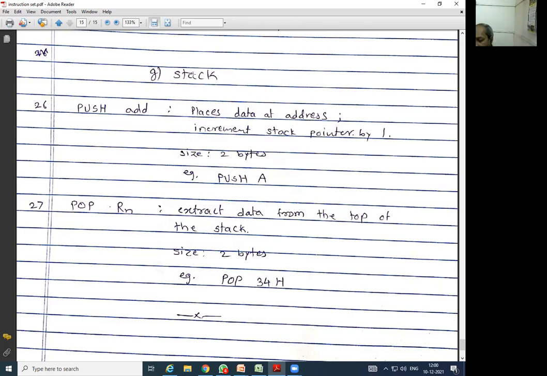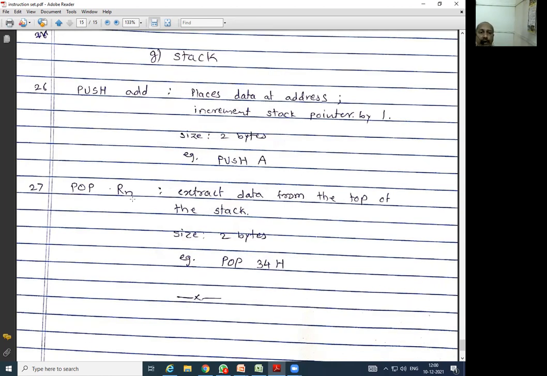परंतु one thing here we have to just remember for push and pop, places the data at address, okay, but increment the stack pointer by 1. Got it? Increment the stack pointer by 1 for push command. And opposite to that, POP RN, that is extract the data from top of the stack. ह्या पॉप नंतर स्टॅक पॉइंटर हा डिक्रीमेंट होतोय, पुश नंतर increment होतोय.